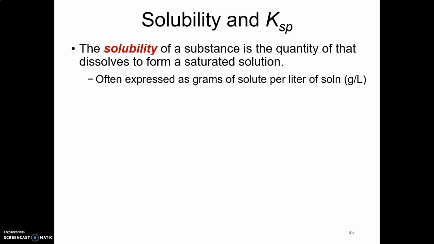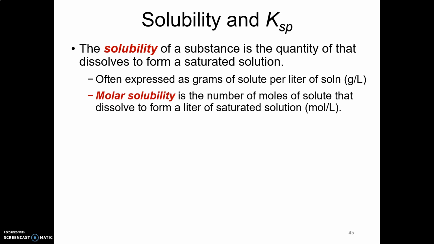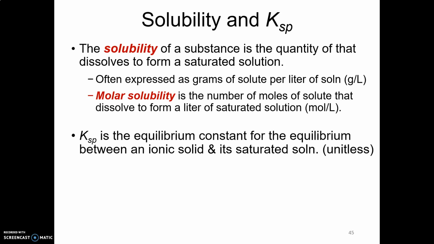And remember, a saturated solution is a solution that's holding the maximum amount of solute at that particular temperature, which is often represented in grams per liter, but it could be represented in moles per liter. If it's in moles per liter, a lot of times we call it molar solubility. You can easily go back and forth between the two. It's a molar mass conversion that gets you from gram solubility to molar solubility.